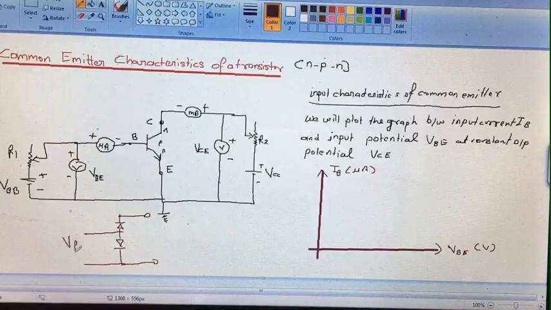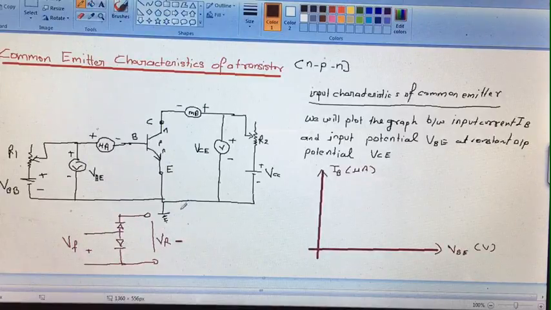This is forward bias and here we have supplied reverse bias. You can say negative potential here and positive here. The plus sign only indicates forward biasing and minus represents only reverse bias.